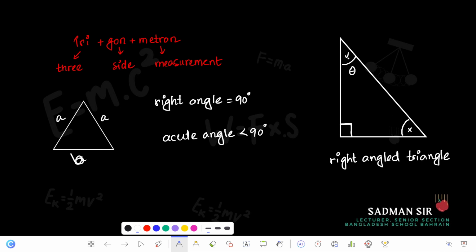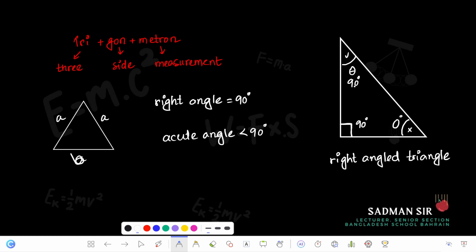We know that the summation of all the three angles of a triangle is 180-degree. So if this is 90-degree and let us say this is also 90-degree, then 90 plus 90 is already 180-degree. That means the value of the third angle has to be 0-degree, which is not possible, because we can see clearly there is an angle, no matter how small it is. It will be 1-degree, 2-degree at least, or 0.5-degree, but definitely it will never be equal to 0-degree.